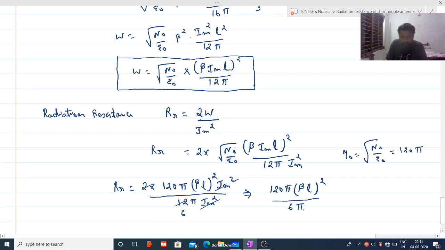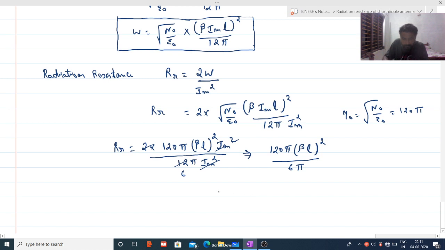So that is nothing but RR is nothing but this pi and this pi get cancelled. 6 it will be 20. This will be 20. So what I can write as 20 beta square L square.